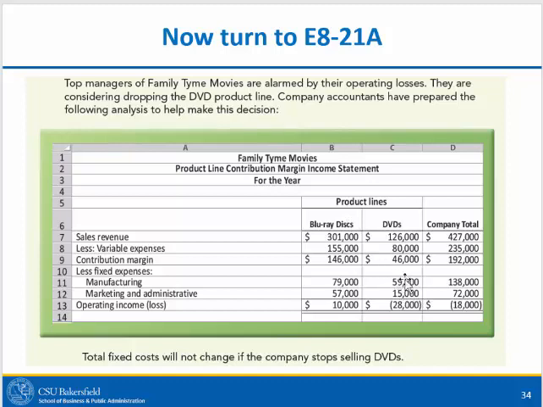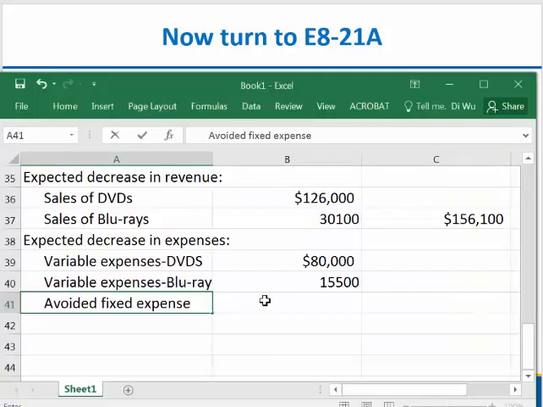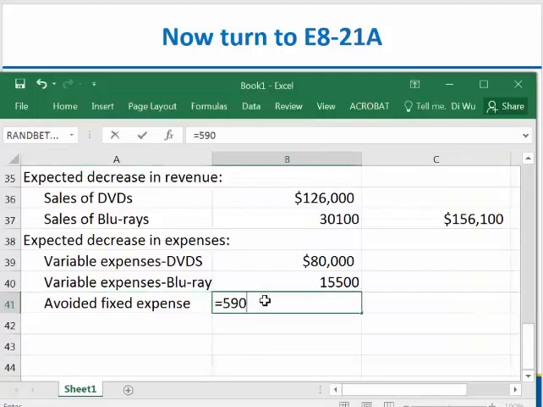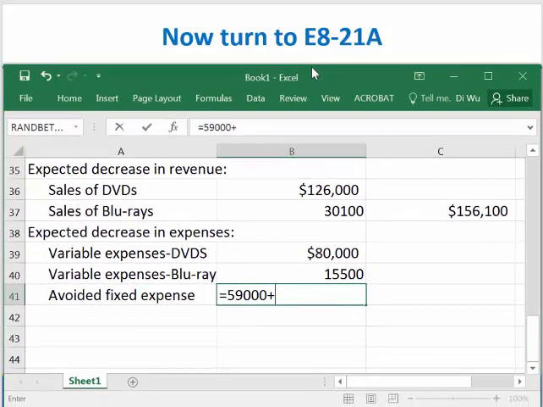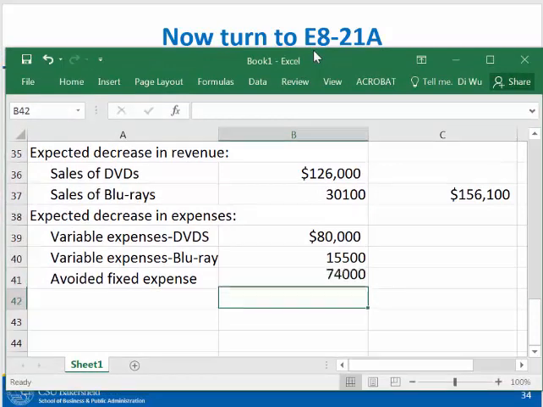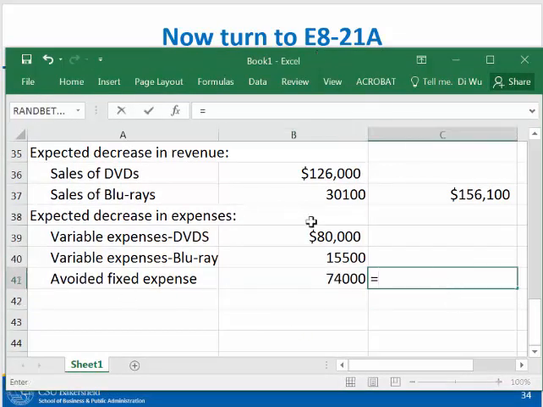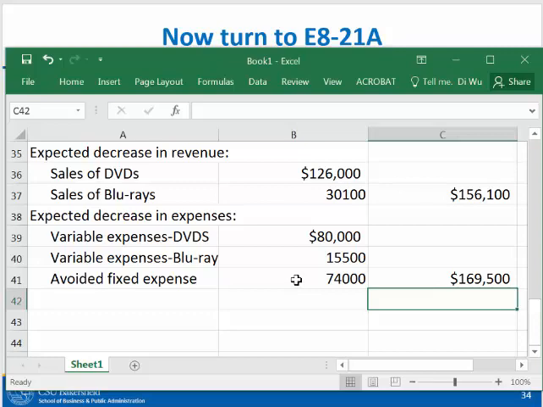So I'm going to add 59,000 to 15,000, and you get 74,000. Therefore, you can find the total decrease in expenses, which is this much.